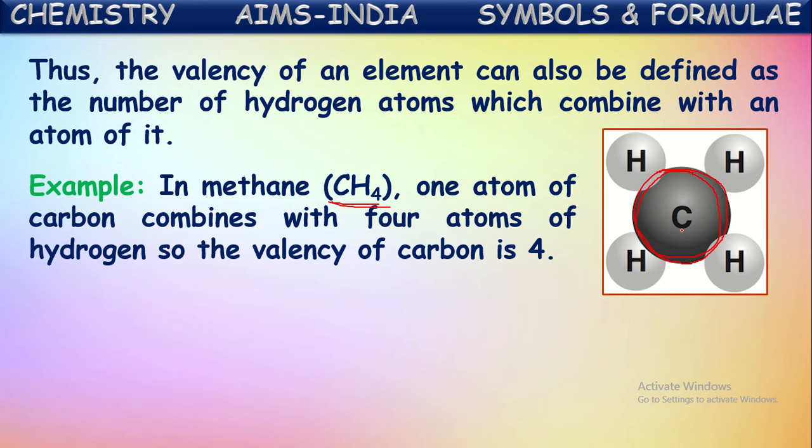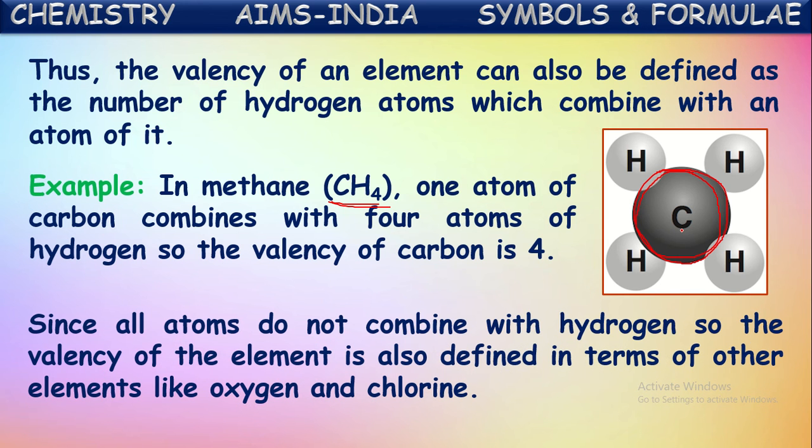Here, in the formation of the methane molecule, one atom of carbon combines with four atoms of hydrogen. So the combining capacity of carbon is said to be 4. Combining capacity is nothing but valency. So the valency of carbon in this compound is 4.